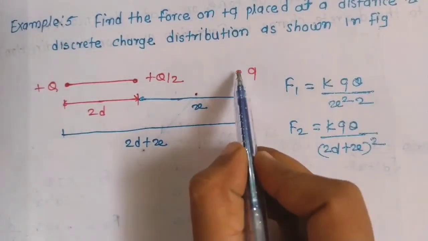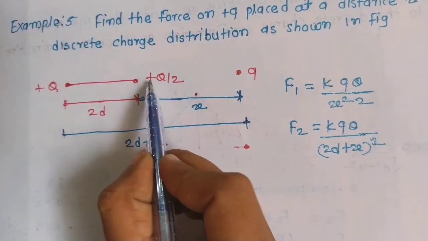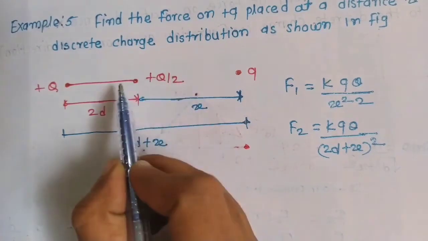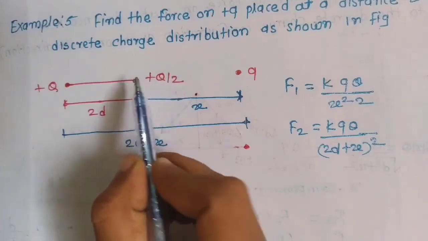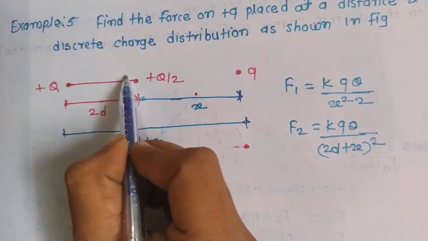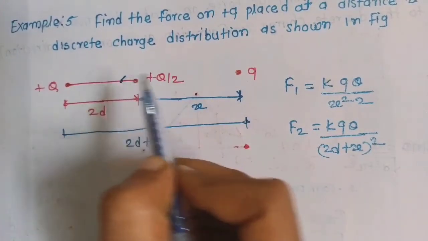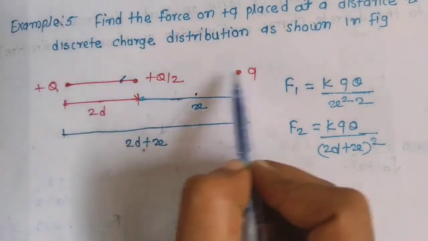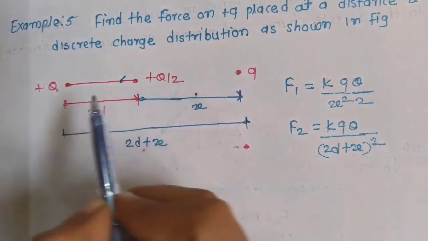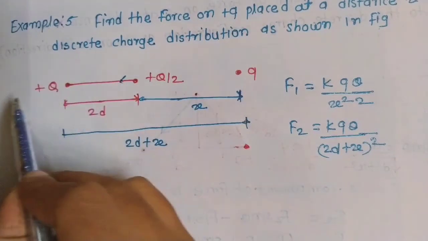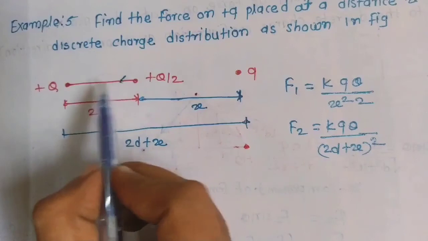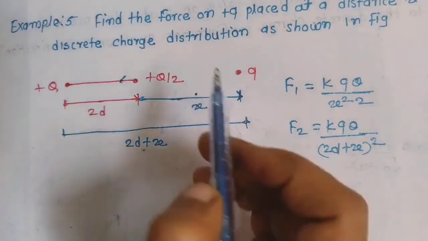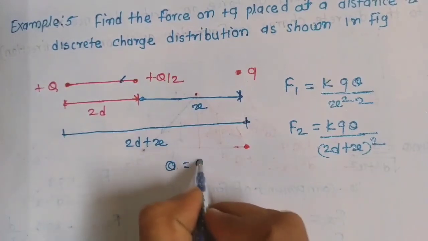And this force is positive, therefore they repel each other and the direction is away from the charge. Similarly, when we consider these two charges, this is again positive, so they repel each other and the direction is away from the charge. So the angle between them is 0, that is theta is 0 degree.